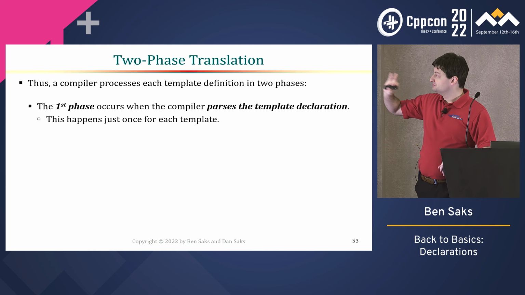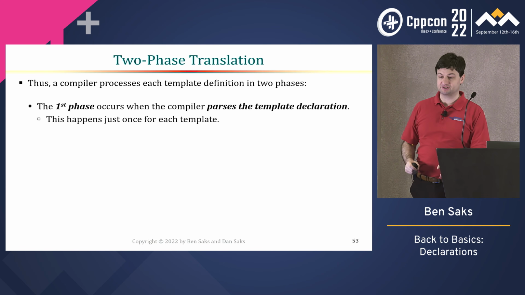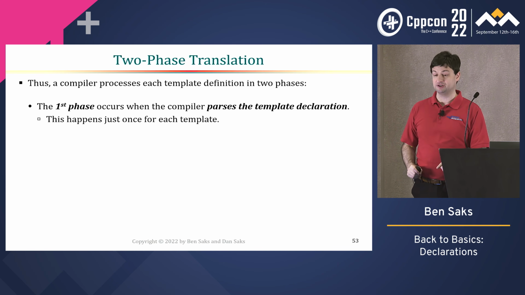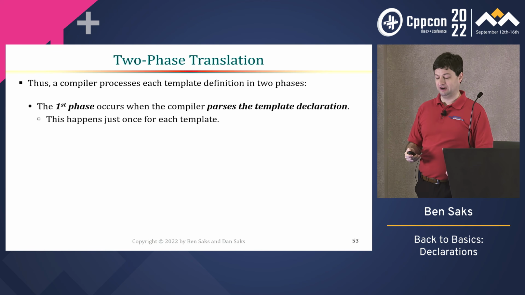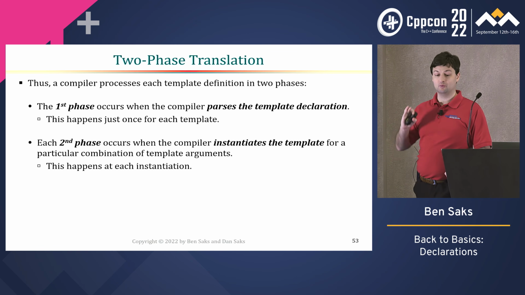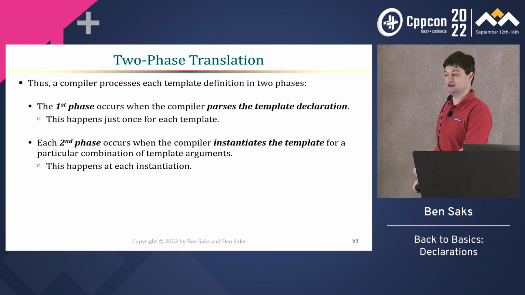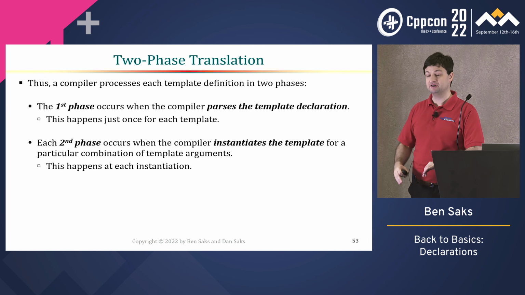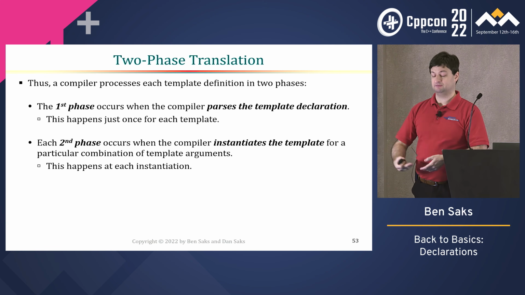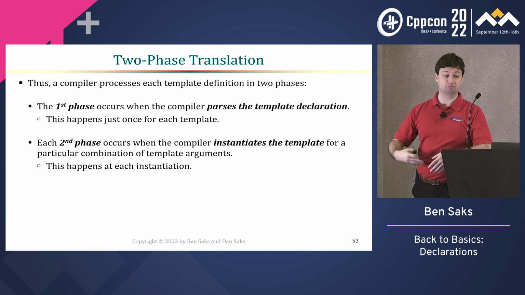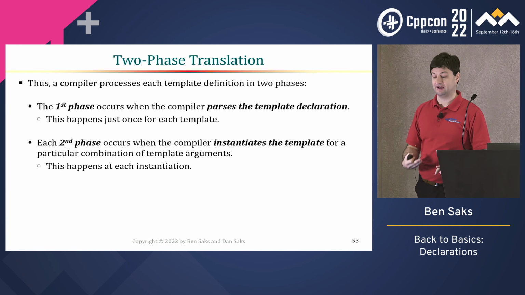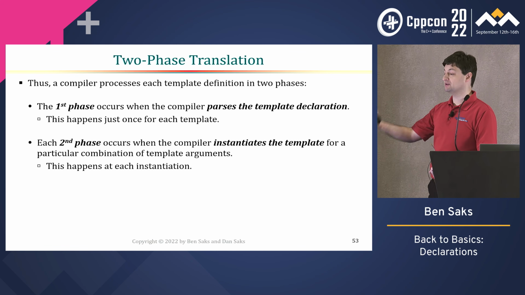So the first phase is when the compiler parses the template declaration itself, and that happens once, whereas the second phase occurs when the compiler is actually instantiating the template for a specific template argument or set of template arguments, if we're talking about something that has multiple template arguments.